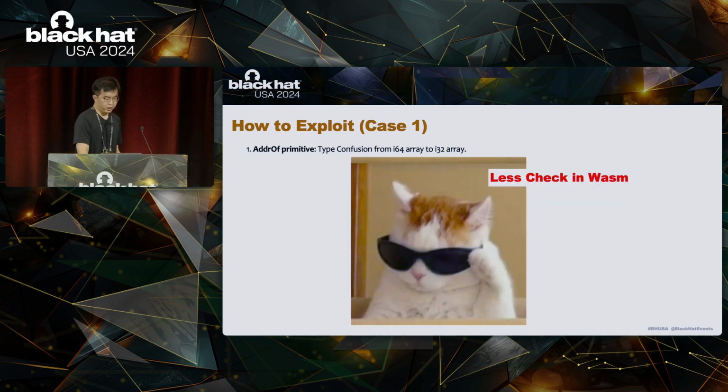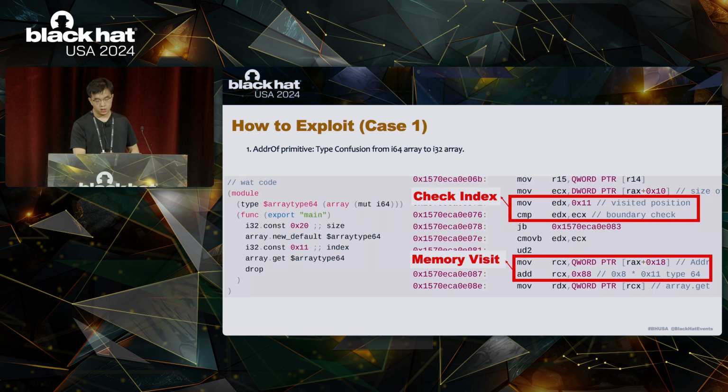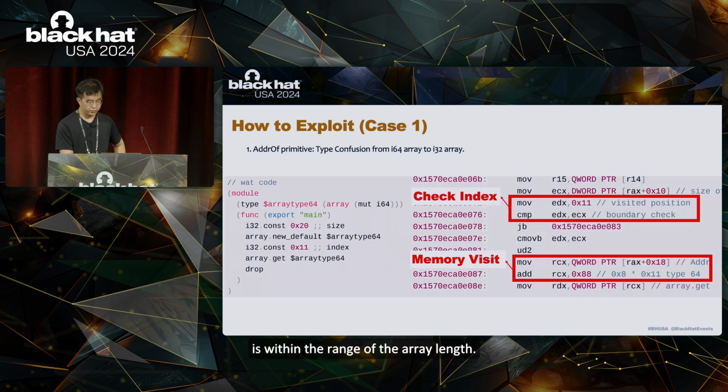Okay. The reason, actually, is also relying on the issue of missing checks, missing really critical checks in SpiderMonkey, especially type checks. Let's look at the example code generated for accessing a WebAssembly array. The generated code first checks that the memory address is within the range of the array length.